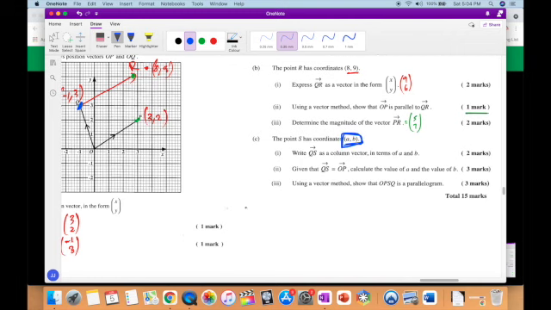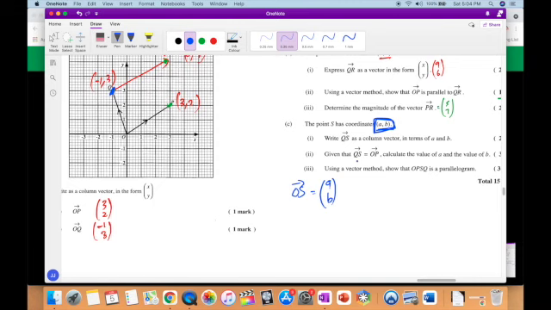Those are the coordinates. Right? So therefore OS is going to be A, B. Write QS as a column vector in terms of A and B. Well, what do I have? QS, I don't know where S is.